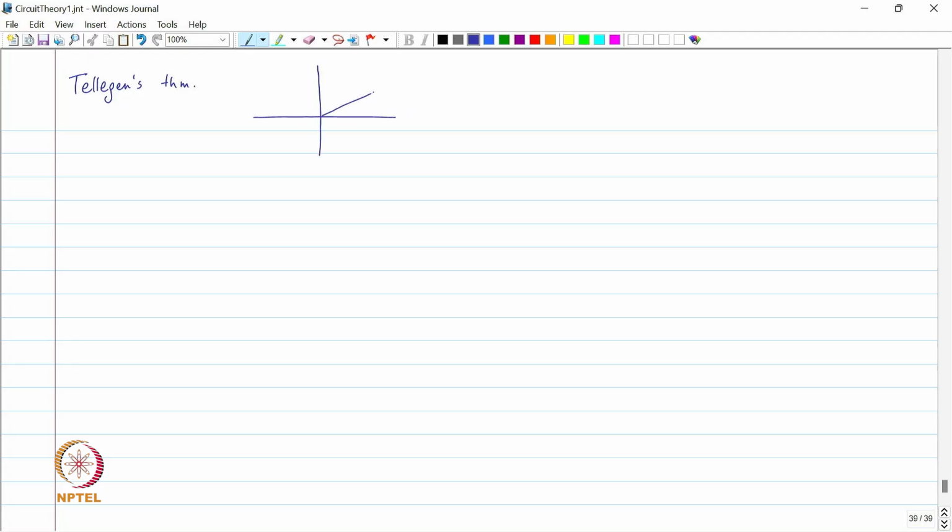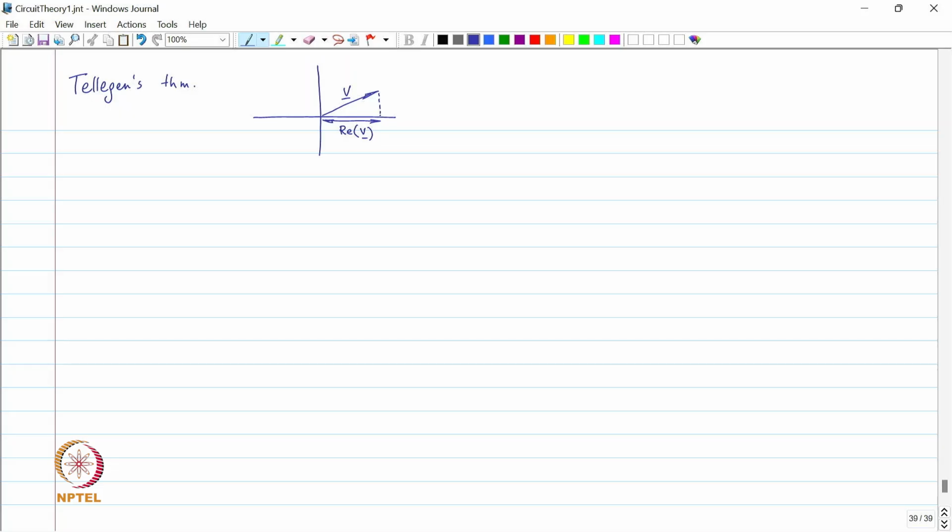So, if I have a phasor V at t equal to 0, what is the actual voltage? Real part of V. This is the voltage at t equal to 0.